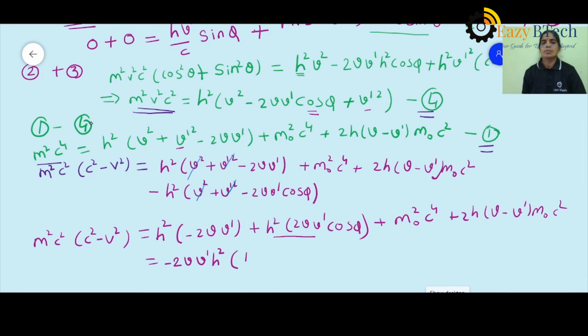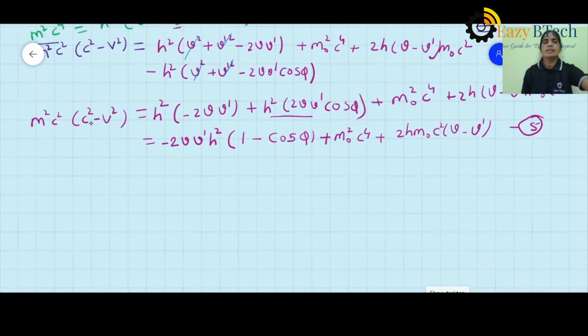Then it becomes 1 minus cos phi plus m naught square c power 4. So still what do I have here? 2h m naught c square into mu minus mu prime. Number this equation as 5.